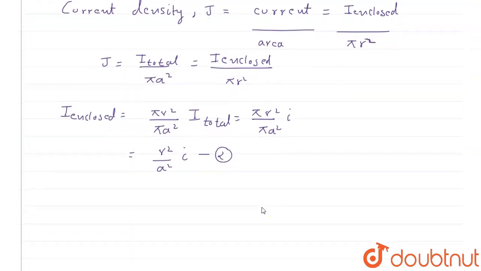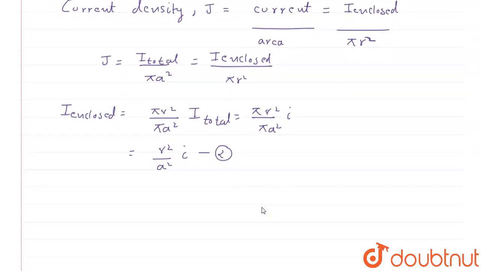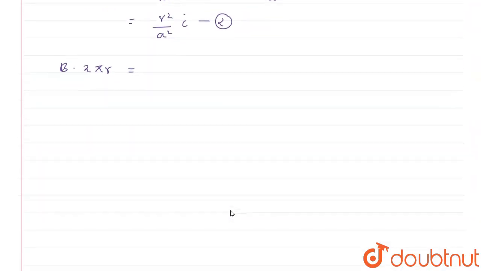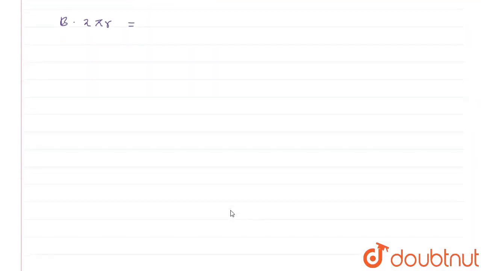Now we will put the value of the second equation in the first equation. So we will have magnetic field times 2 pi r equals mu naught times r square I divided by a square.